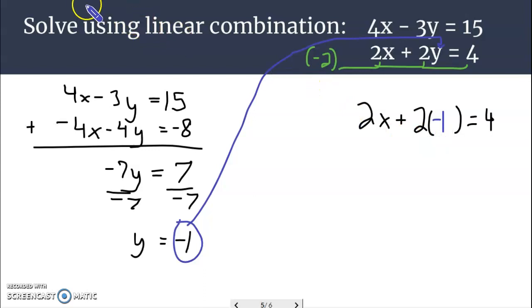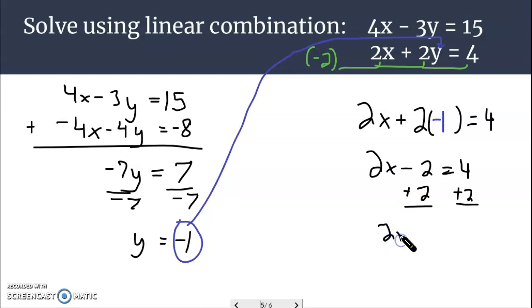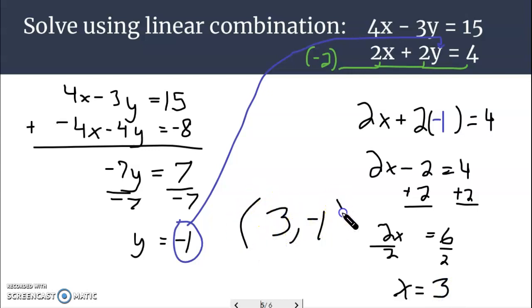We found that from our work before. 2x minus 2 equals 4. 2 times negative 1 gives us negative 2. Add 2 to both sides. 2x equals 6, divided by 2. 6 divided by 2 is 3. We now have the solution to the system, 3 comma negative 1.